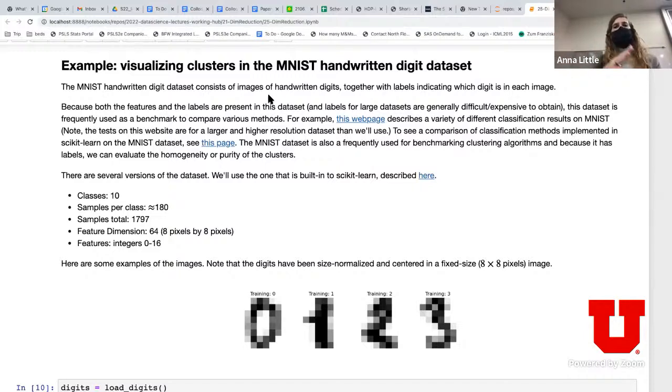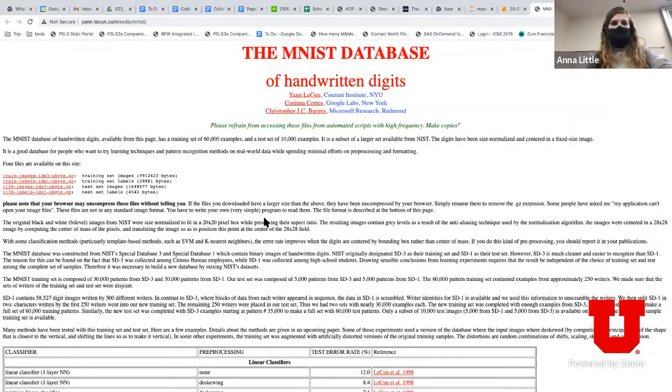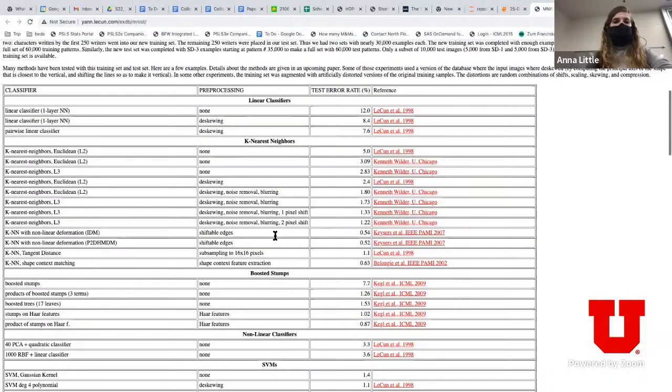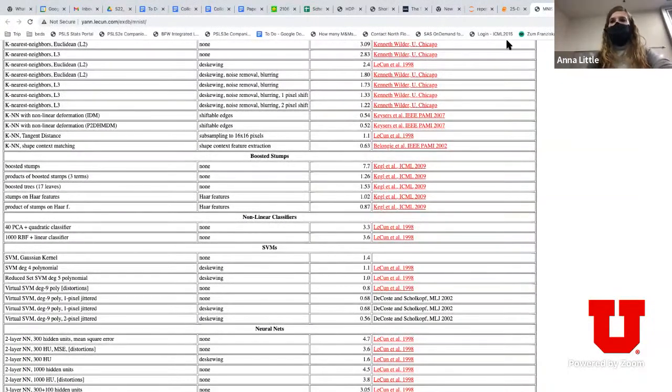We also have the labels indicating whether it's a 0, a 1, a 2, a 3, etc. This data set is used a lot in benchmarking of various learning methods. I included a link to it. If you check it out, you can see a summary of methods and their performance on that data set.